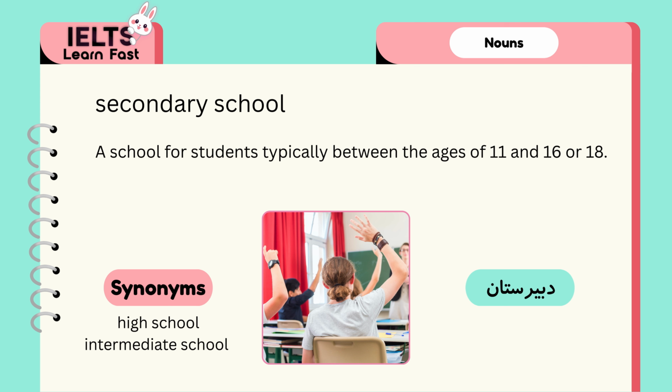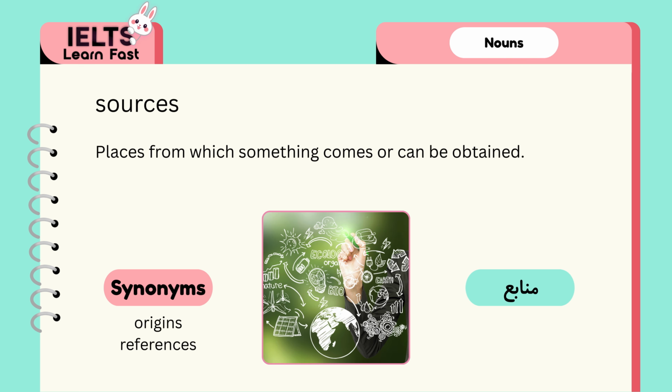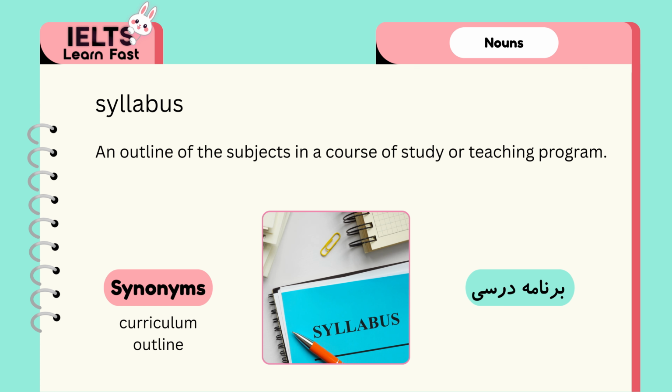Synonyms: high school, intermediate school. Sources: places from which something comes or can be obtained. Synonyms: origins, references. Syllabus: an outline of the subjects in a course of study or teaching program. Synonyms: curriculum, outline.